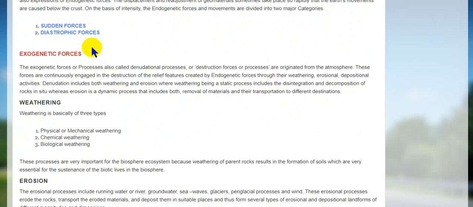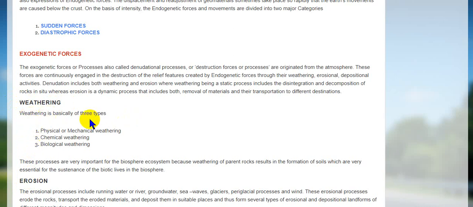Now we will discuss two factors that happen outside of the Earth's sphere and cause landform development under the exogenetic forces. These two terminologies are weathering and erosion.